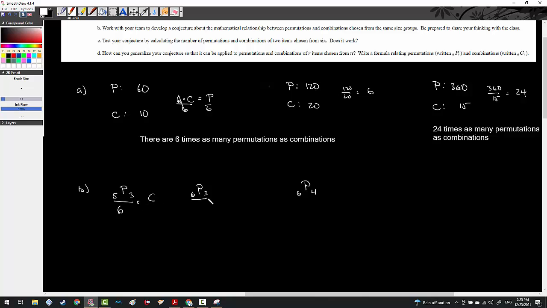When I divided this by 24, that got me the combination I was looking for. The thing about 6 and 24 that the book is asking you to make the connection with is that 6 is really 3 factorial, and 24 is really 4 factorial.